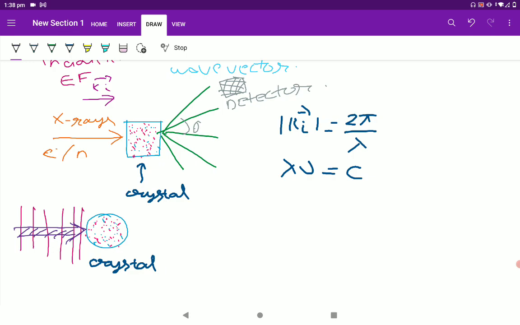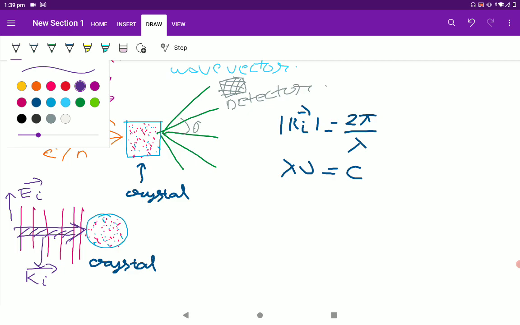This is KI, that is the incident wave vector, and the electric field is perpendicular to the direction of the wave vector, and these are plane waves.